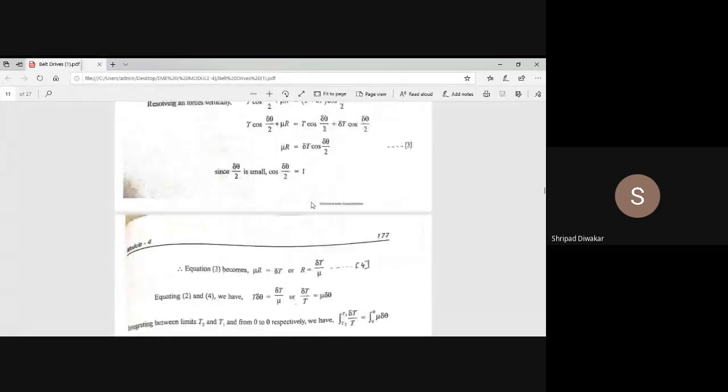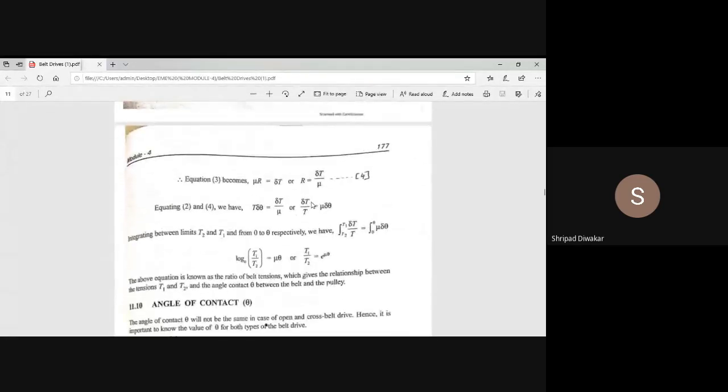Now you have to equate the RHS terms. R equals T into delta theta from equation number 2, and R equals delta T divided by mu from equation 4. So T into delta theta equals delta T divided by mu.